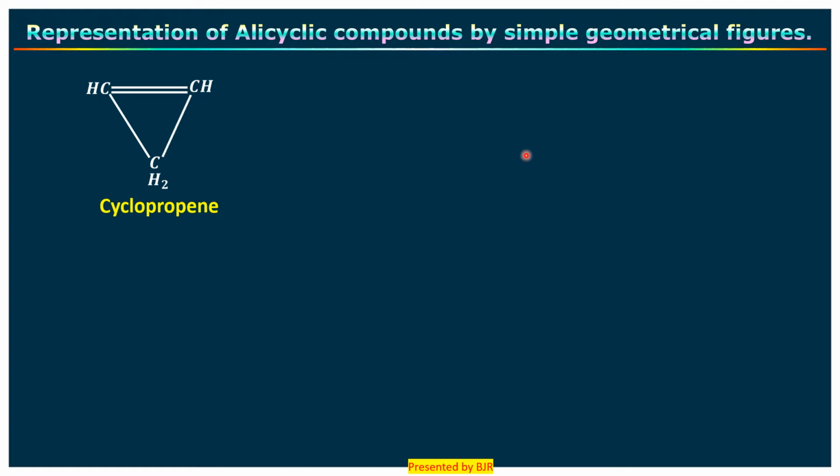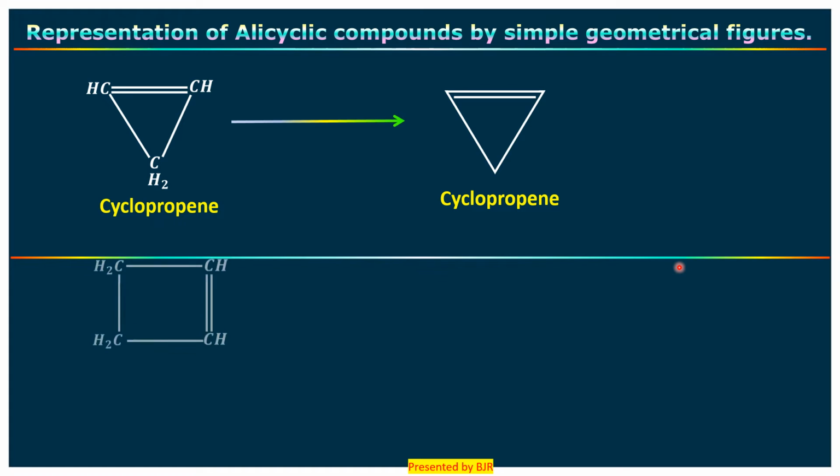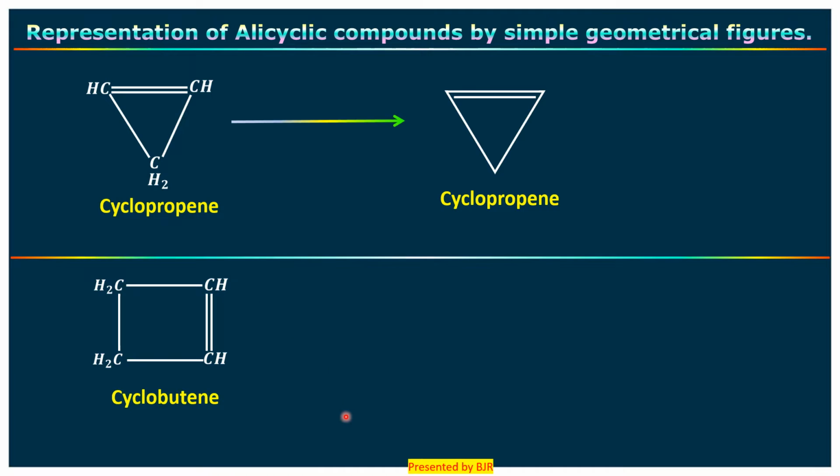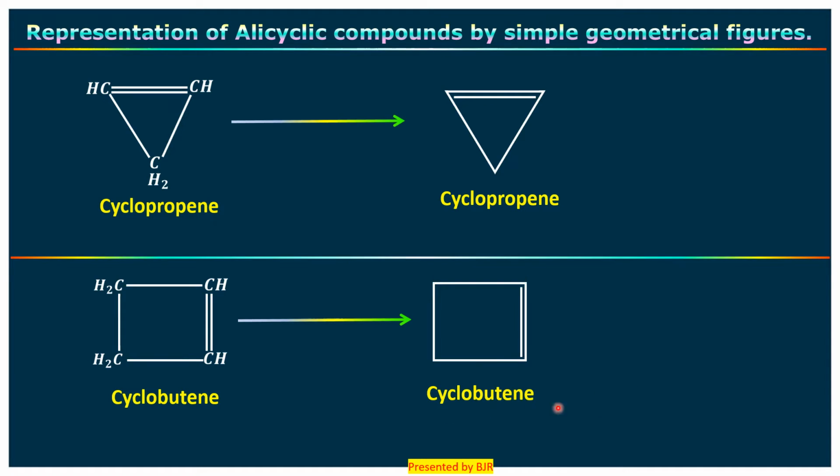In the geometrical figure, we must show the double bonds. So it is the structure of cyclopropene. Next, the same way, it is cyclobutene because a double bond is there here. We have to show the same double bond in the diagram also. So this is cyclobutene.